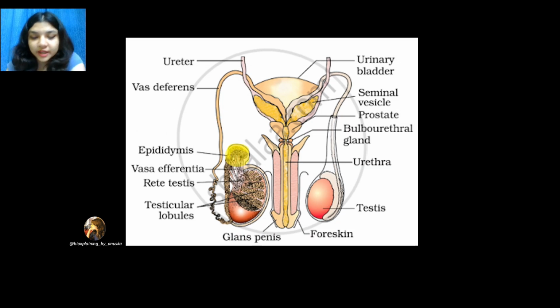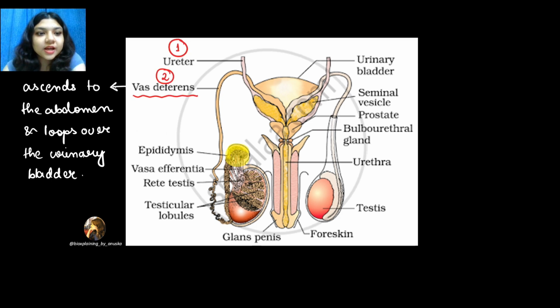So what happens is this vas deferens ascends to the abdomen and loops over the urinary bladder. Till now, everything we were seeing is in the scrotal sac, which is not inside the abdomen per se. It's outside the body, preserved in a special sac that we call the scrotal sac.